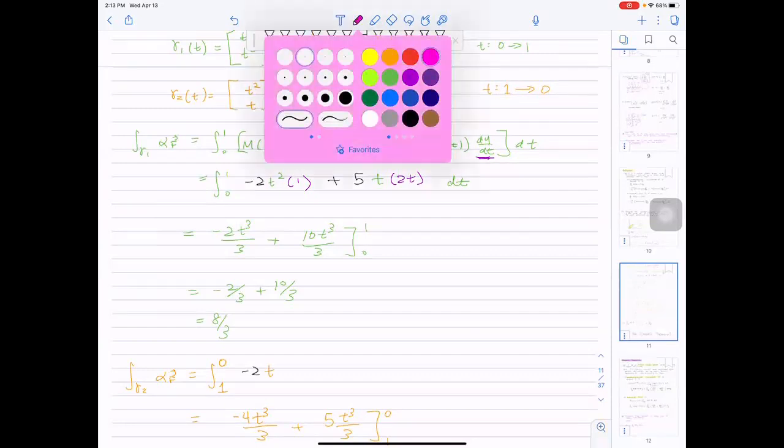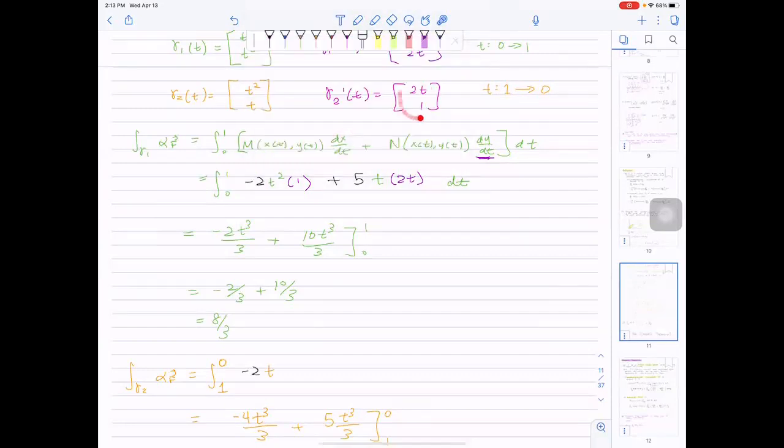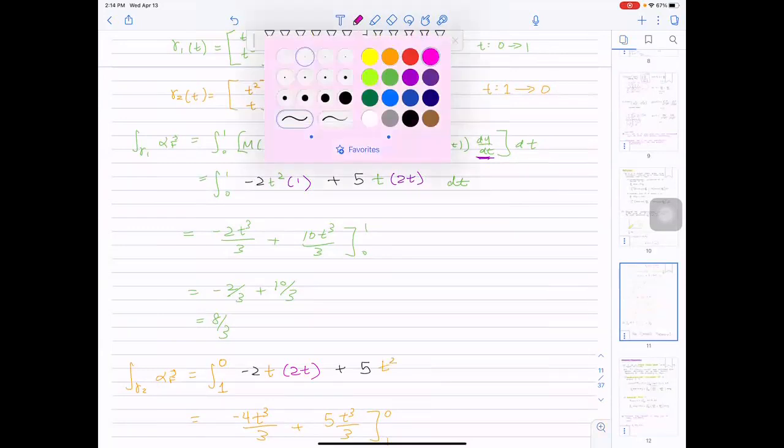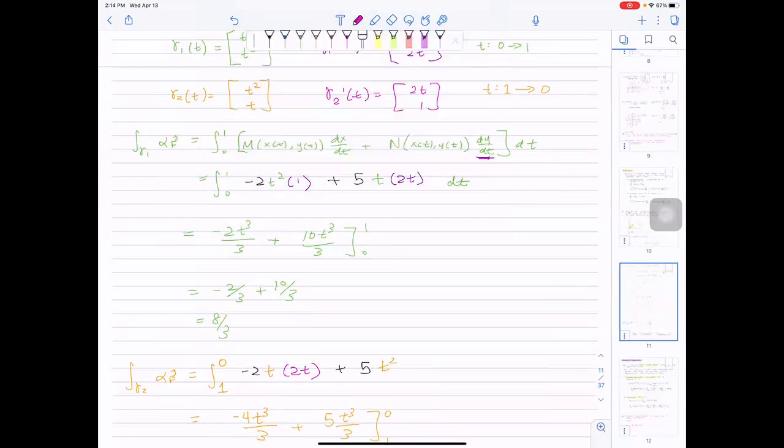And then the derivative of x with respect to t is 2t here. So 2t. Our next term is 5x. So plus 5, what is x? We said x is t squared. The derivative of our y parameterization with respect to t is 1, dt.